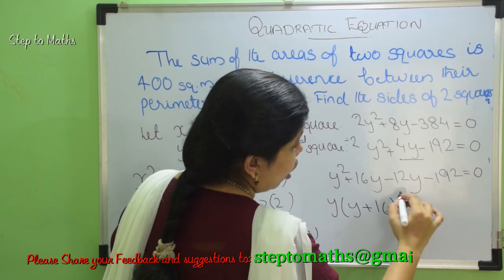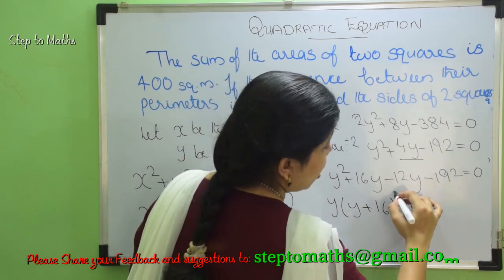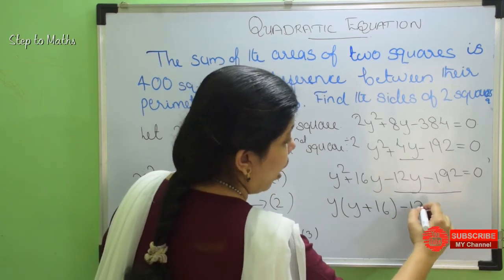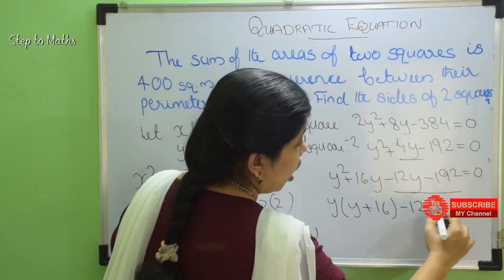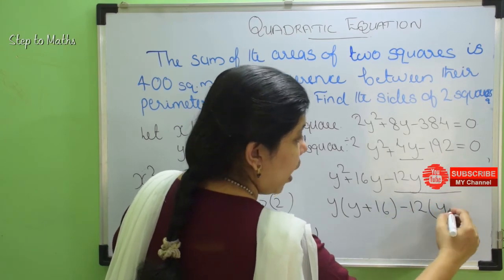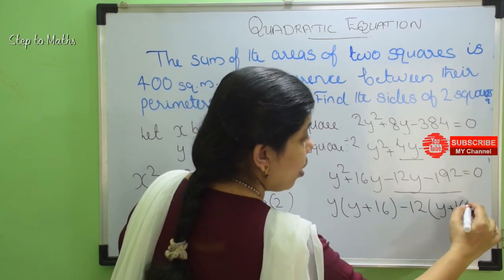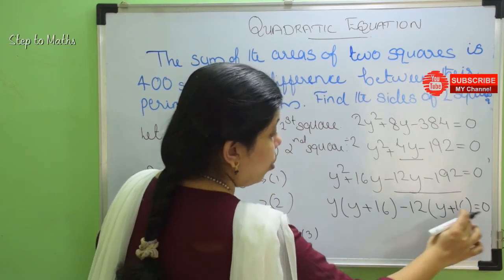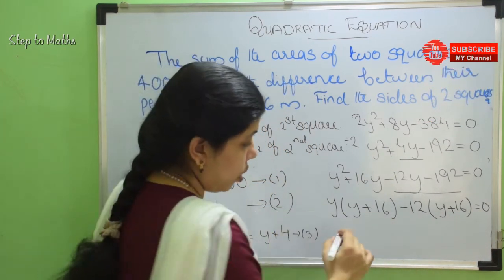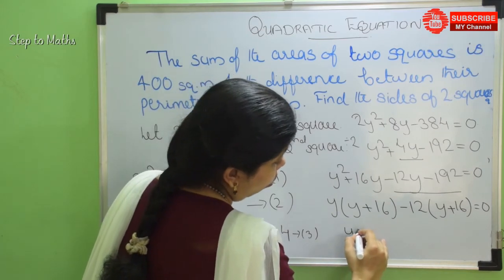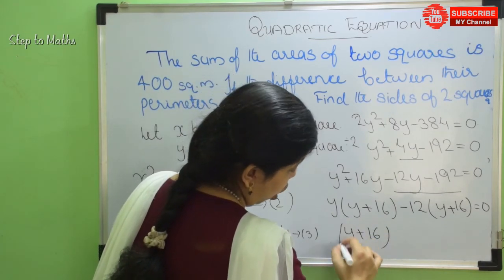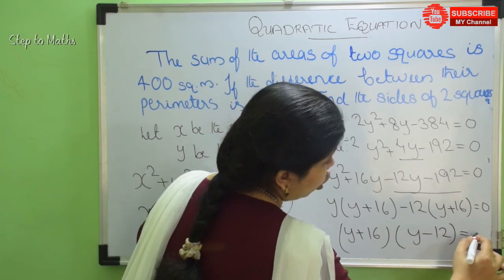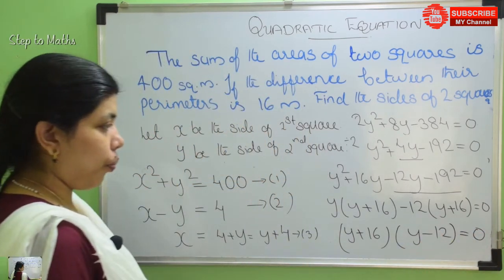From the next two terms, taking minus 12 as common, it becomes minus 12 into y plus 16. Since y plus 16 is common, we can write y plus 16 into y minus 12 is equal to 0.